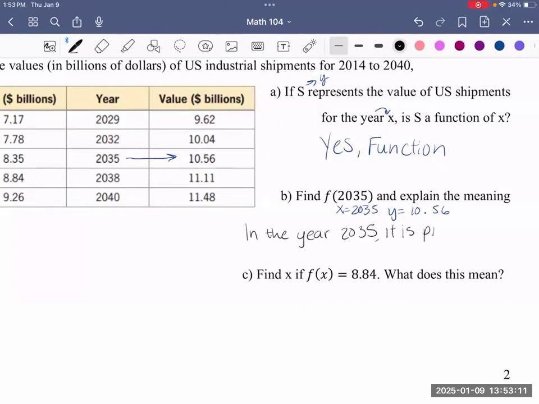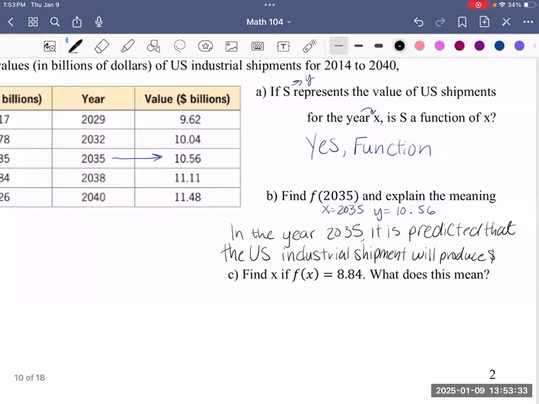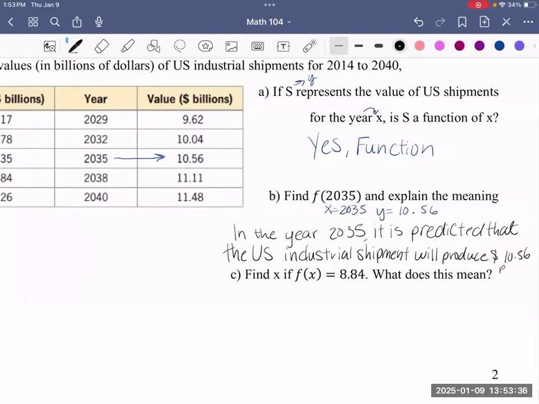It is predicted that the US industrial shipment will produce or will make 10.56 billion dollars. We always want to have some sort of units. So I know, oh, they're not just going to make $10 or nearly $11. It's going to be $10 billion and some.